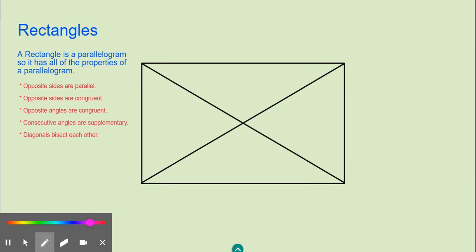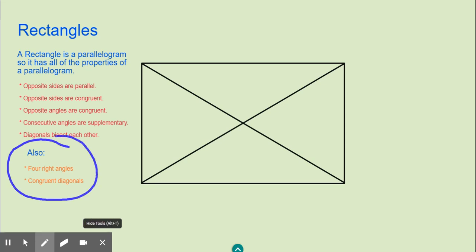And finally, diagonals bisect each other. That means that we know that these two pieces are the same, and these two pieces are the same. So on top of being a parallelogram, a rectangle has additional properties. And these additional properties are right here.